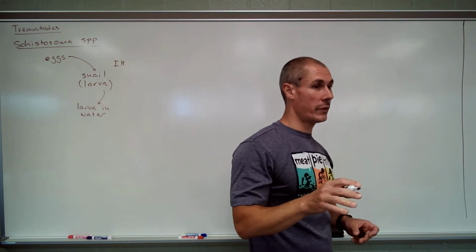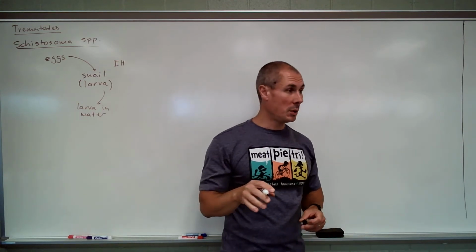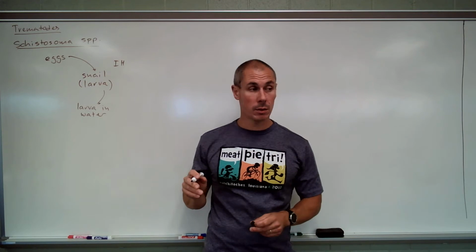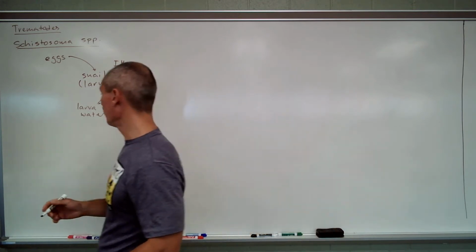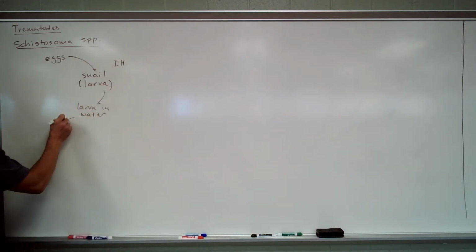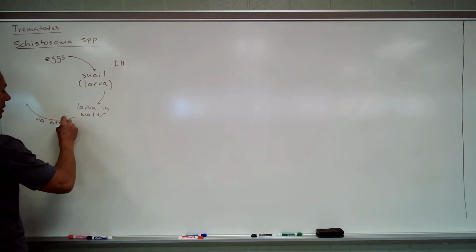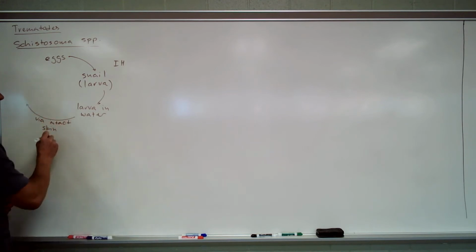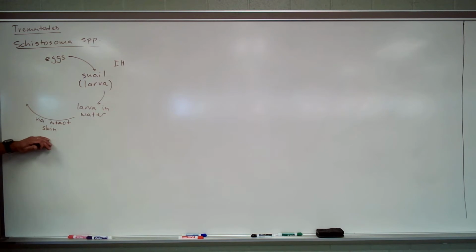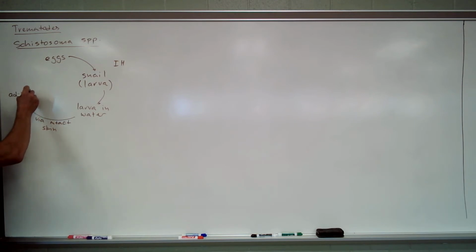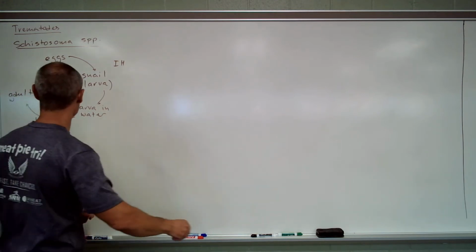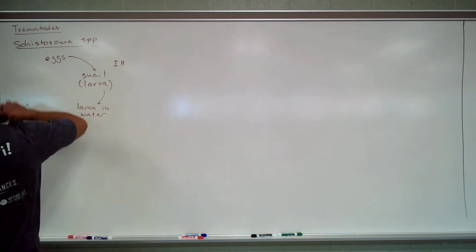And here's an interesting thing that happens. People swim in the water, bathe or wade, whatever. So I'm going to put via intact unbroken skin. And we'll get back to this, how it penetrates. So via intact unbroken skin, I left myself enough space and for some reason started to use that in the bottom.